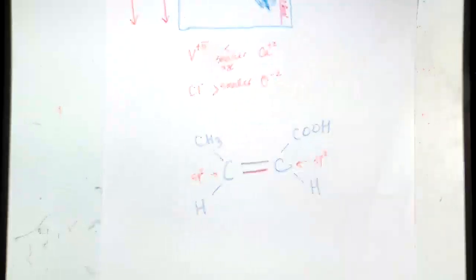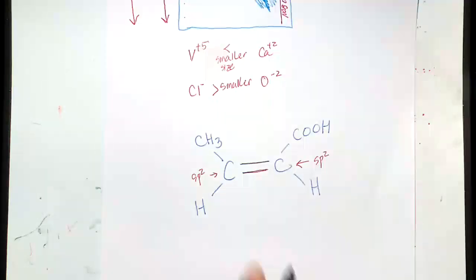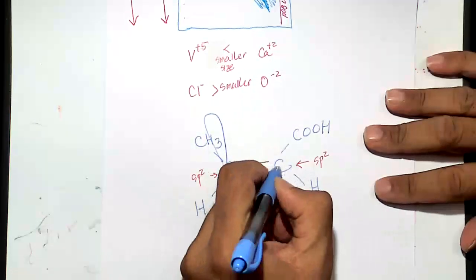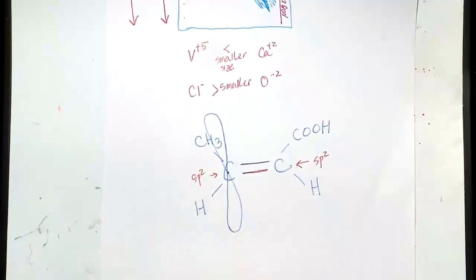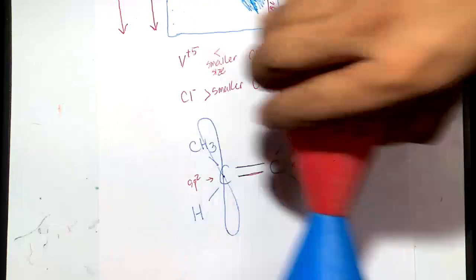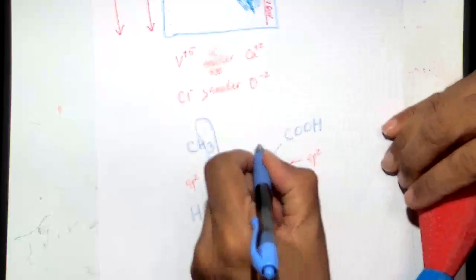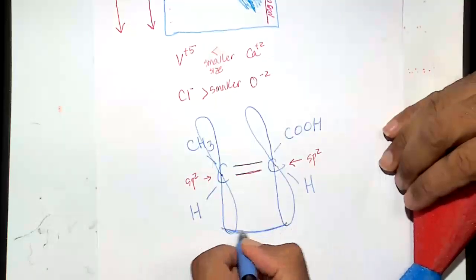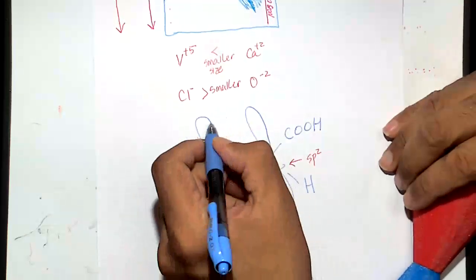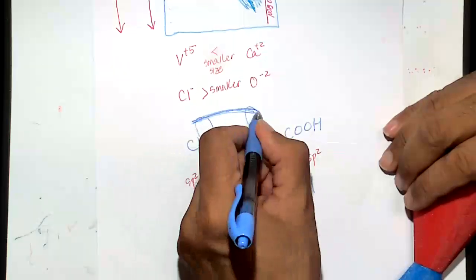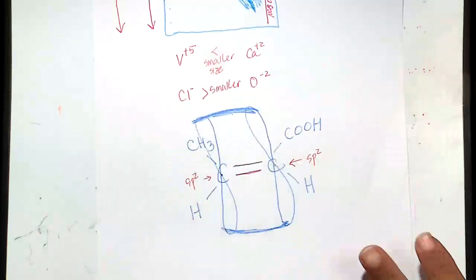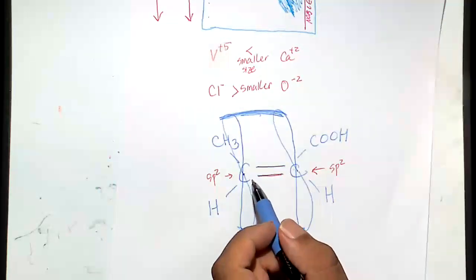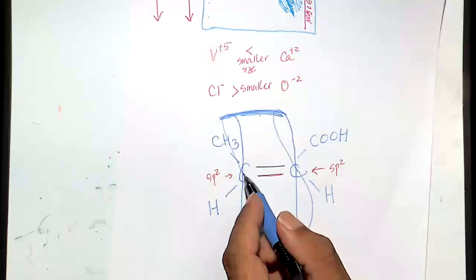All right, so we'll take across this. Here there's one p orbital from here, and the other p orbital recruited by this carbon atom. This is what a double bond would look like.